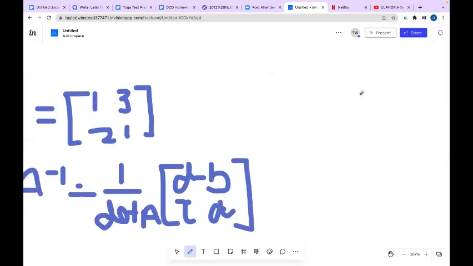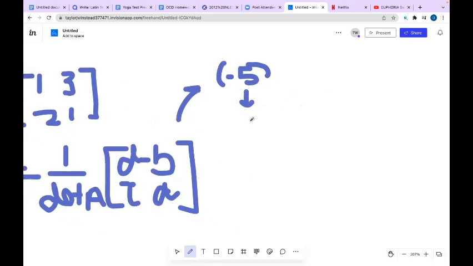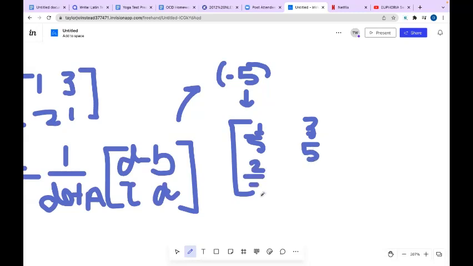But we get that the determinant is negative 5, so that makes it invertible. And then we get that the inverse is negative 1/5, 3/5, 2/5, negative 1/5.